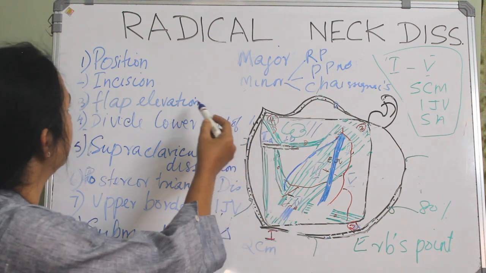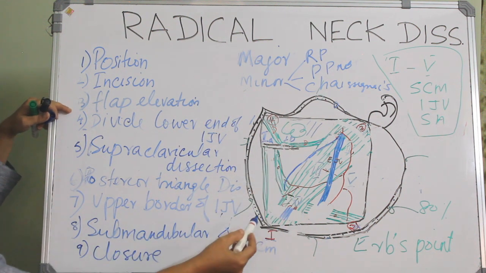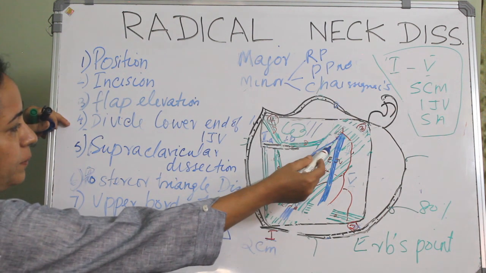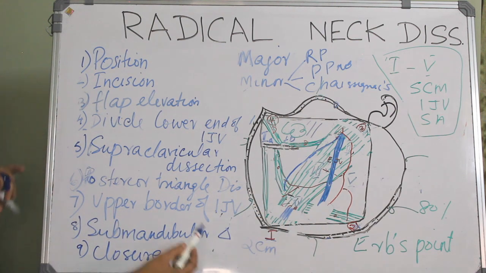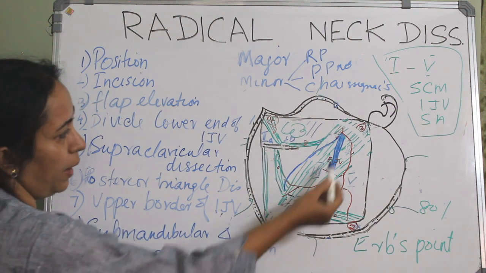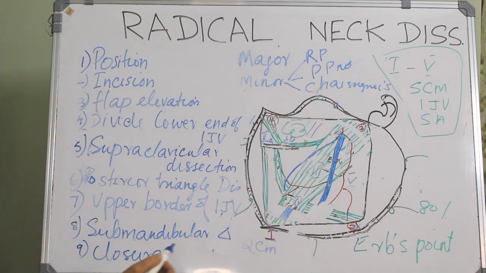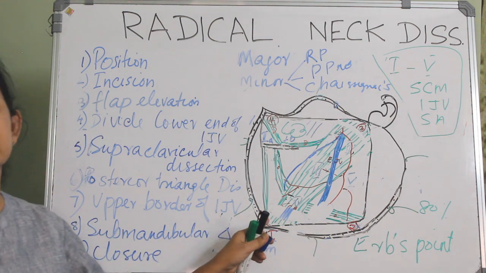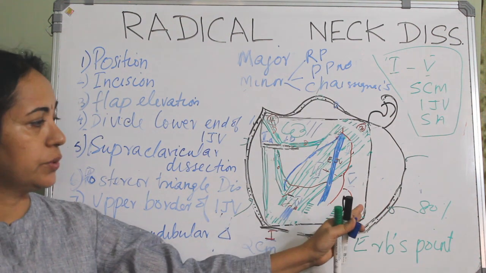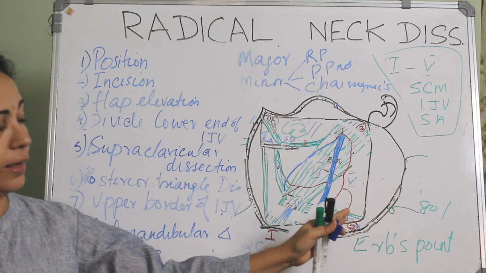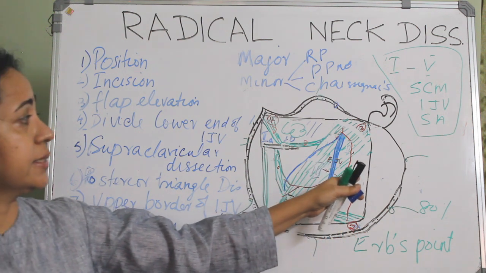So position of patient, incision, elevating the flap in a subplatysmal plane, and incising the fascia over the sternocleidomastoid from the upper to the lower end, then dividing the sternocleidomastoid at the lower end, identifying the IJV, then ligating the lower end of IJV, going to the neck triangle and supraclavicular dissection, then posterior triangle dissection.